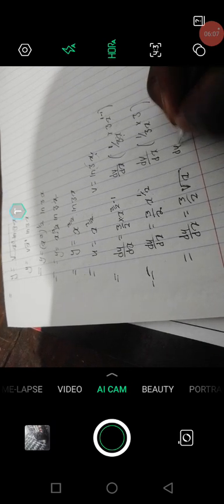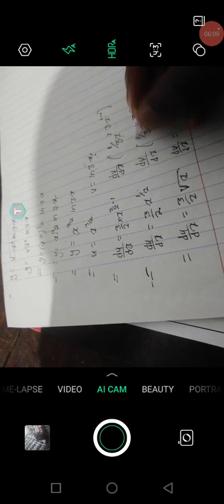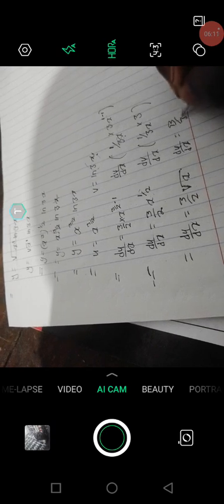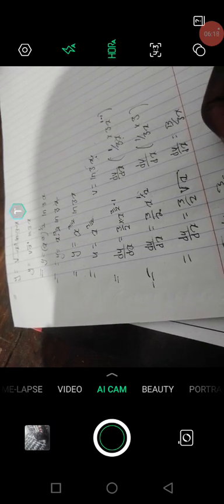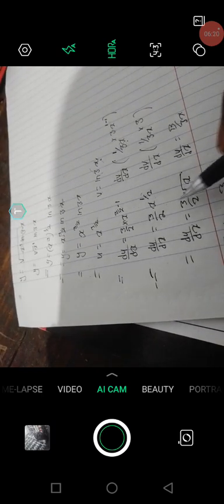I go ahead and say dv over dx is equal to 3 over 3x. Again I say du over dx is equal to 3 over 2. Again, if you see very properly, here the 1 multiplied is one and the same, it will go.